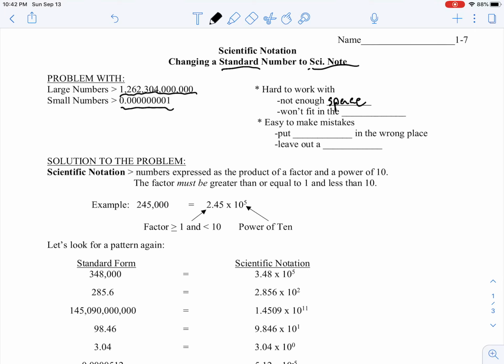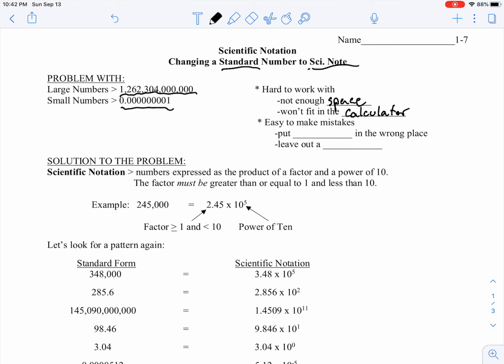And also, when we're trying to make calculations easy, they won't fit in a calculator. I think a calculator generally has about 8 spaces in it, whereas we can see this large number here, 1, 2, 3, 4, 5, 6, 7, 8, 9, 12, has 13 spots. So obviously would not fit in a calculator.